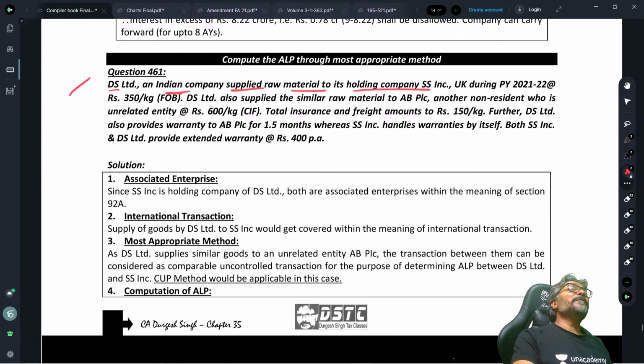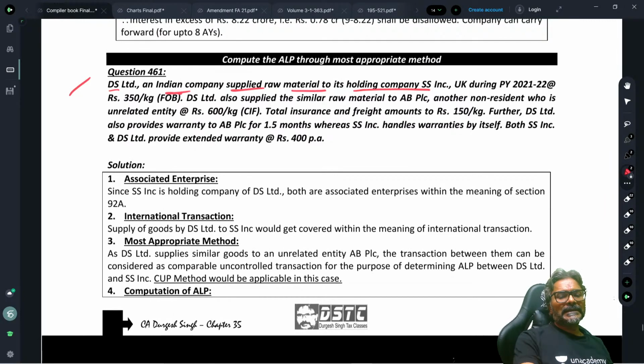Those who are aware, there is a capital based control of minimum 26% of the voting power in the other company. So if one company has a voting power in another company of 26% or above, can both these companies be considered to be associated enterprises?